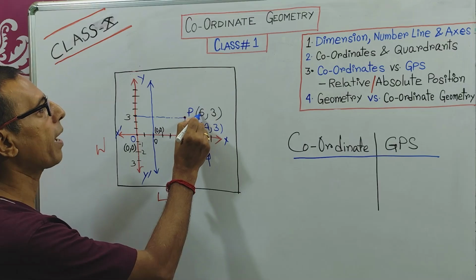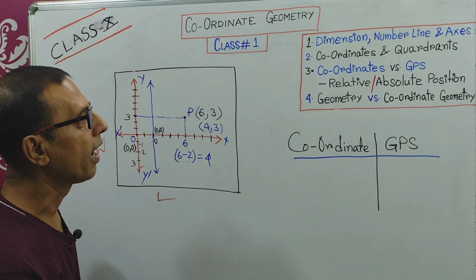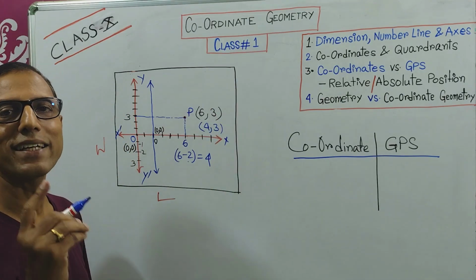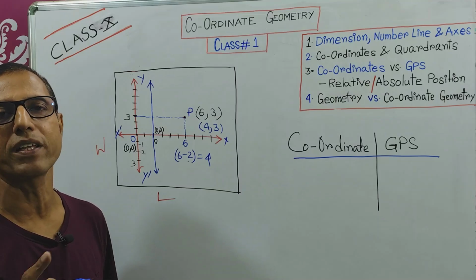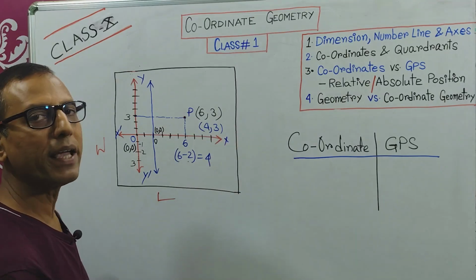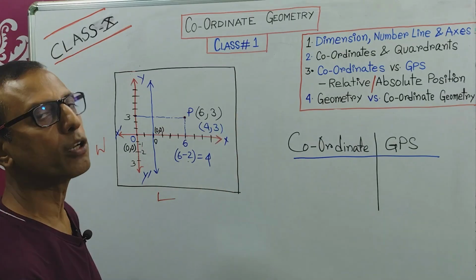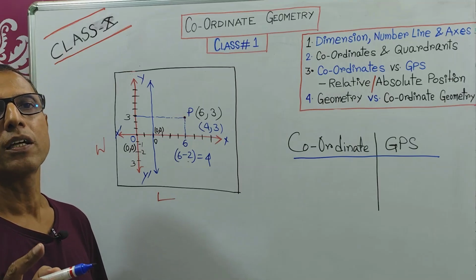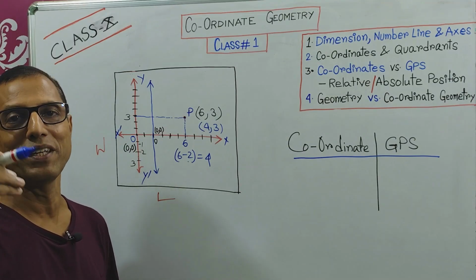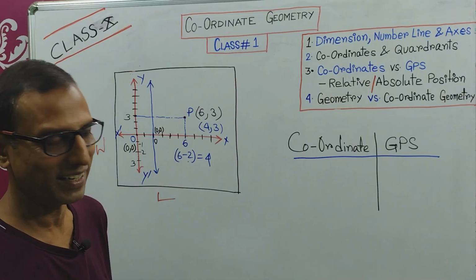In that case, both axes and origin may change. So therefore, the coordinate of a particular point is a relative position with respect to the origin or axis, whereas GPS, the global positioning system, is an absolute position, because that is a unique position with respect to Earth's origin or center. That cannot be changed, right?